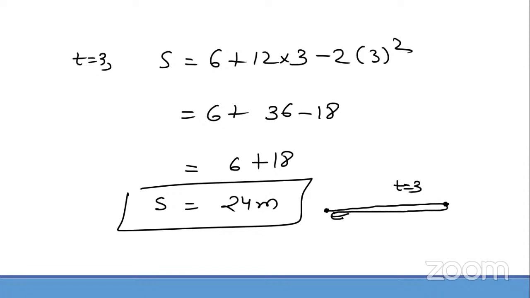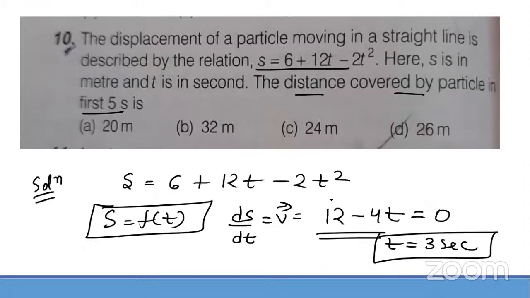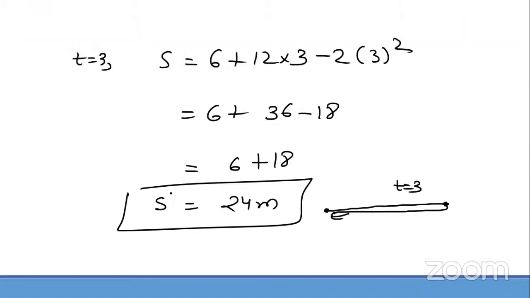So again, by symmetry, it is asked what in 5 seconds. So in 3 seconds, it covers like this. They're asking first 5 seconds. In the 2 seconds, it will go back. So let us put 2 here. When I put 2, it will be in the negative direction. For the next 2 seconds, the magnitude of the displacement will be distance only.